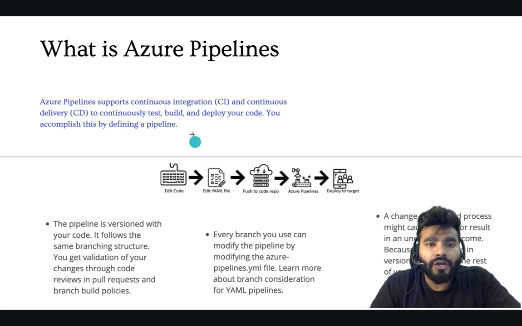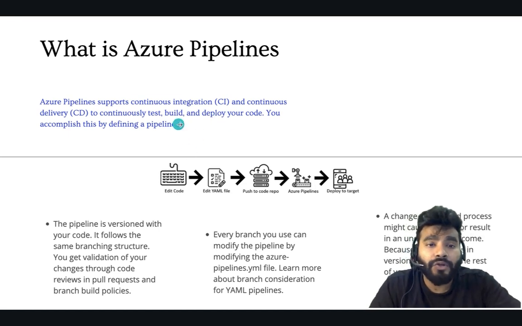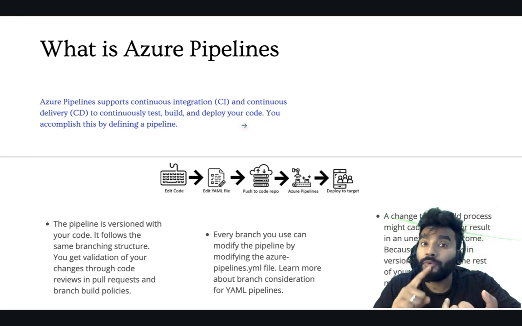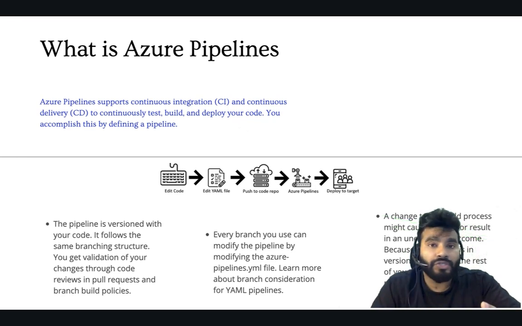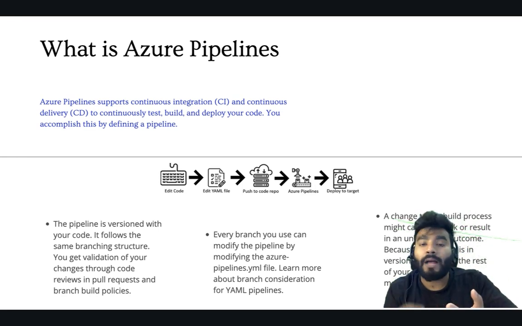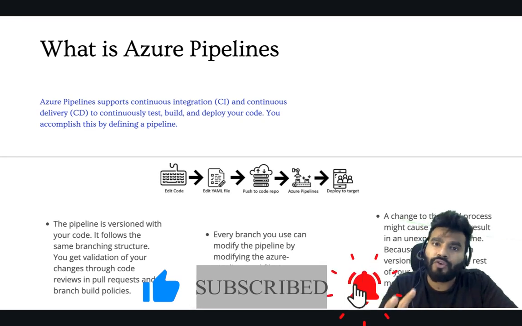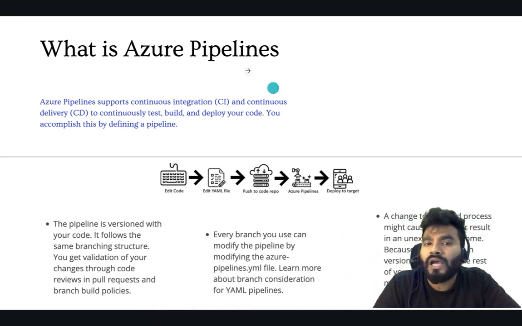Azure Pipelines supports continuous integration, just like GitHub Actions and GitLab, to test, build, and deploy your code. Again, your code could be anything, could be your infrastructure, which is Terraform code or Pulumi code, or your application, Node.js, .NET, Java. High chances if you're using .NET, go ahead and use Azure Pipelines. I've used it for multiple Microsoft ecosystems, works like a charm.